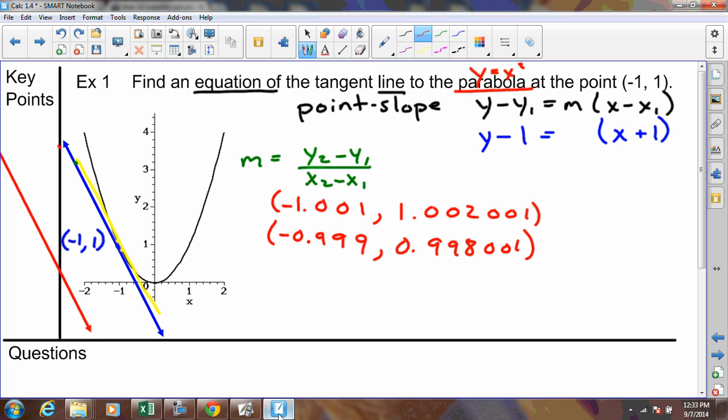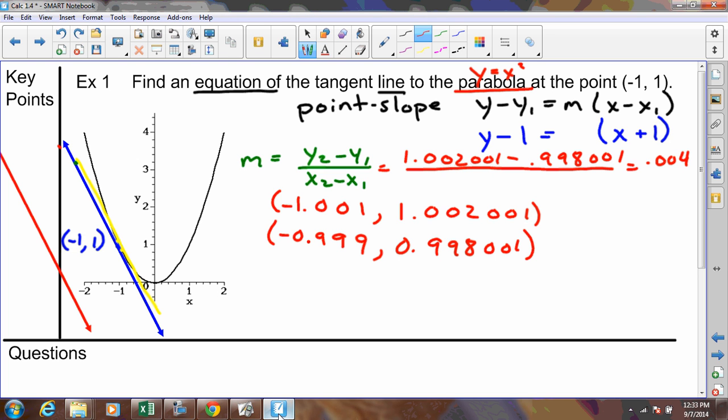Just using these, we would have y2, 1.002001, subtract 0.998001, which would equal 0.004.